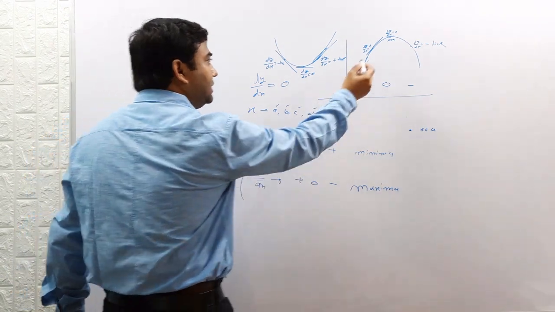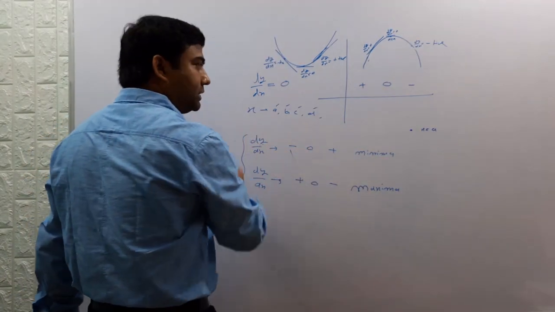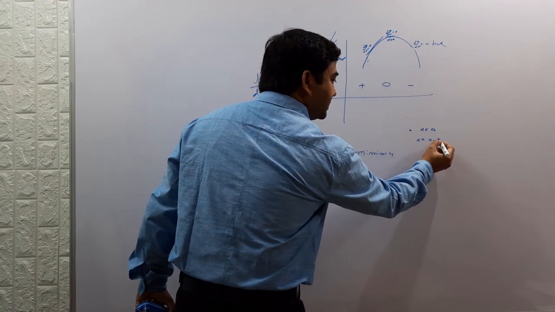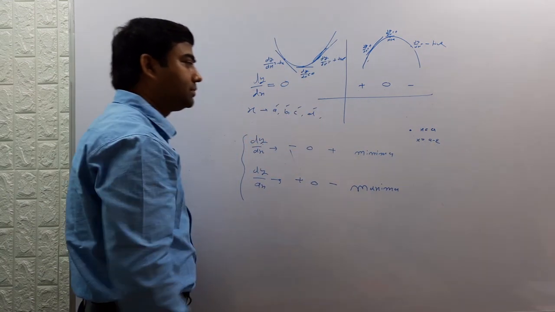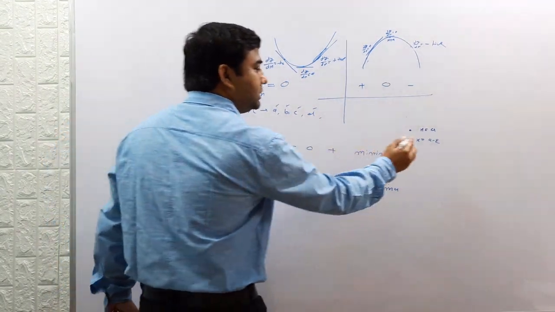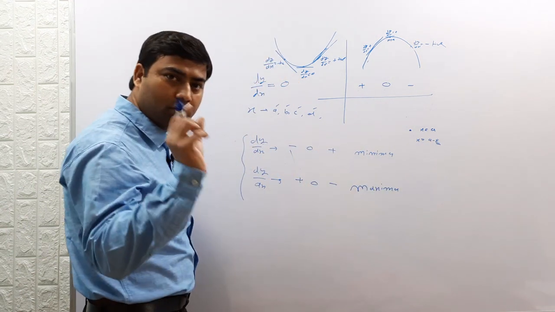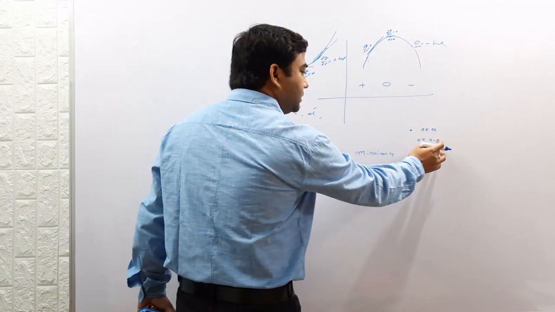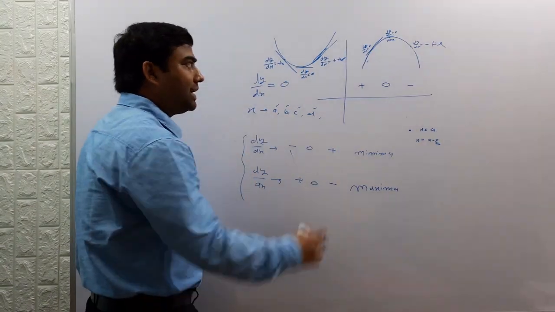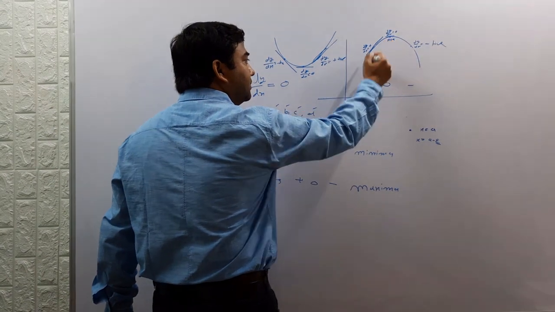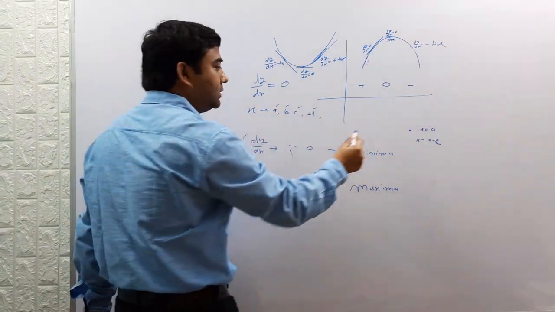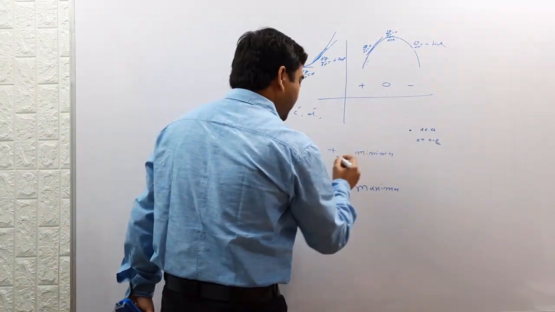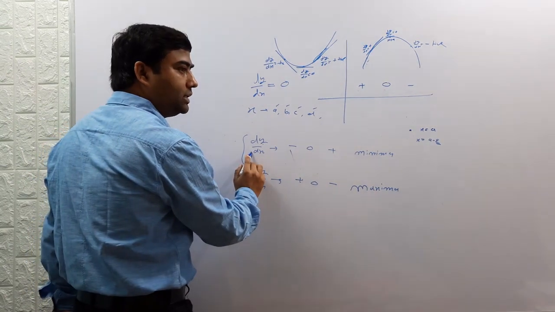Now find dy over dx at the point x equal to a minus epsilon. This epsilon is just a small constant value, so we want to find the value of the function slightly behind, on the left side of, this turning point, and find the sign of dy over dx there.